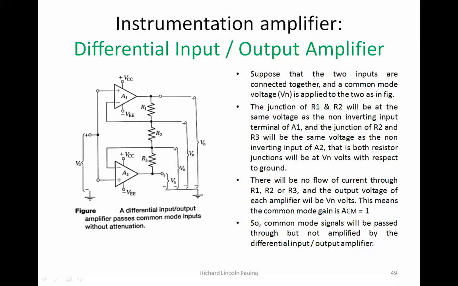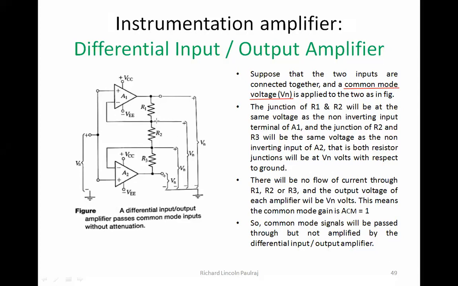Just make note of these abbreviations. Okay, common mode voltage Vn, because we will be needing them to understand. So the junction of R1 and R2 will be at the same voltage as the non-inverting input terminal of A1.